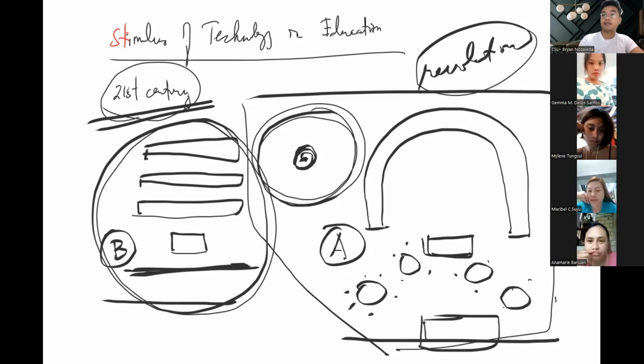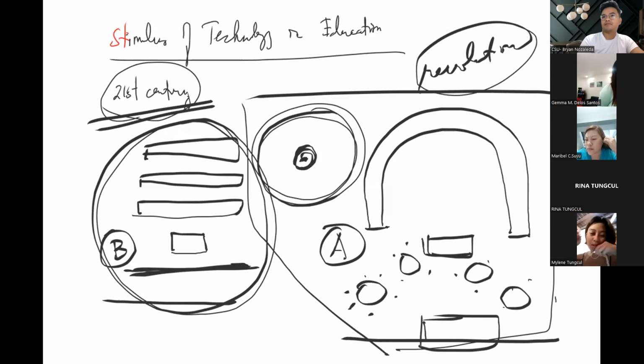Those are very good insights about classroom A and B. What about the others? Kung ikaw ang learner naman, ano sa tingin mo ang ginagawa mo sa classroom B versus sa ginagawa mo sa classroom A? Mylene, you want to answer? Yes, sir.